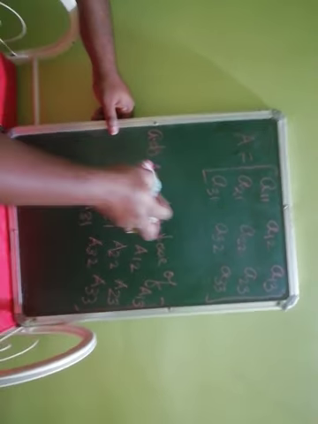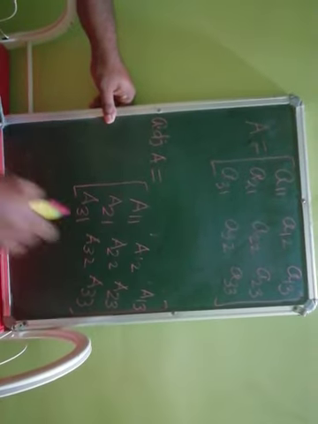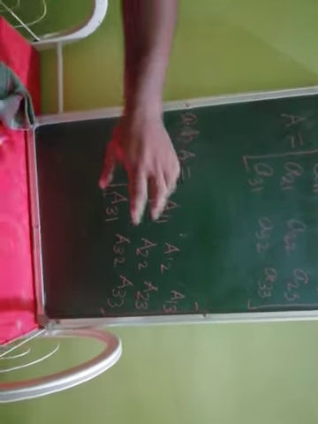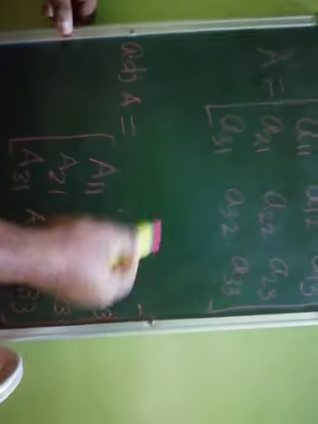If I remove the words transpose of and just write the dash symbol, adjoint of A is the transpose of this matrix.